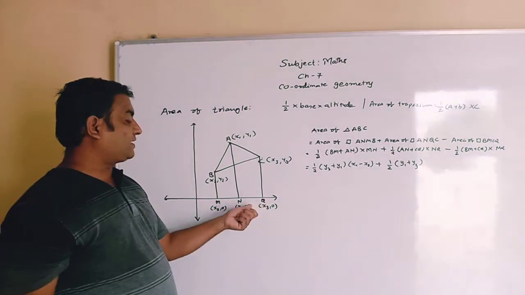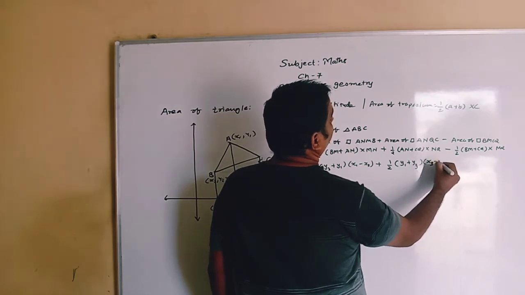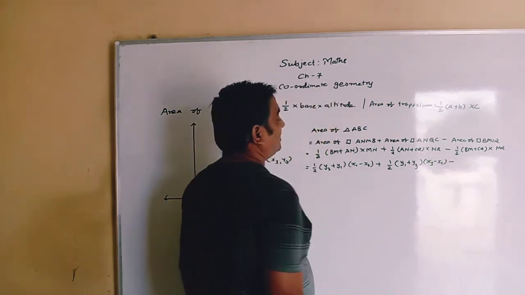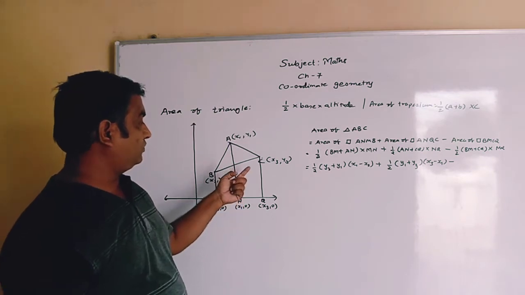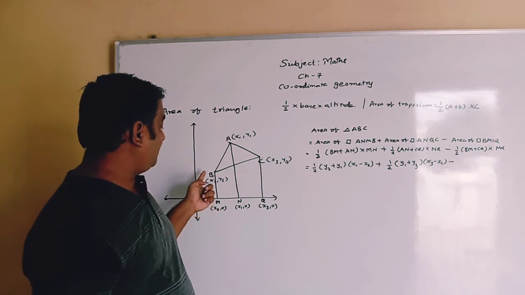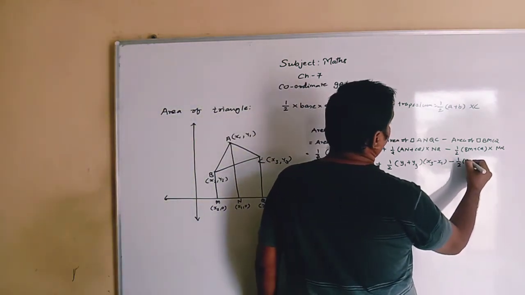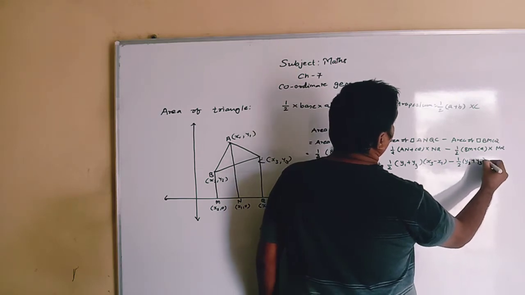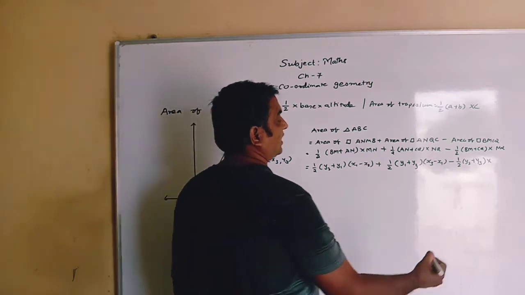NQ will be (x3 minus x1), minus 1 by 2, here BM plus CQ means (y2 plus y3) into MQ, that is (x3 minus x2).